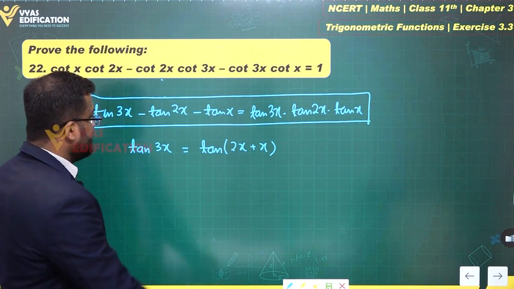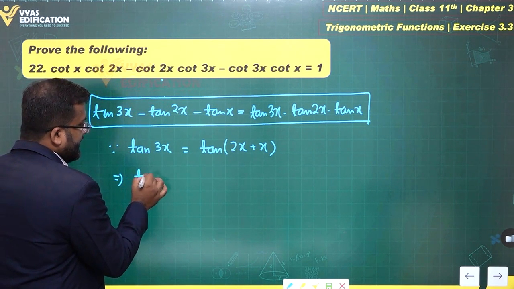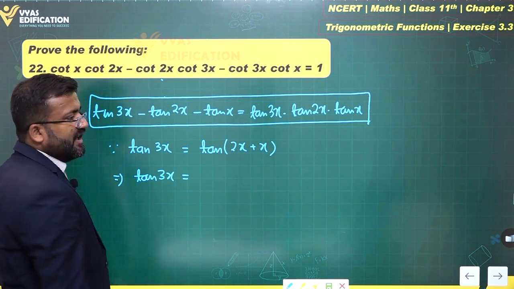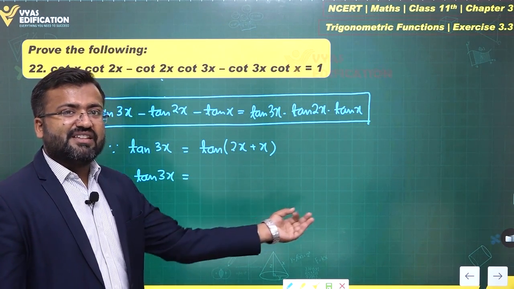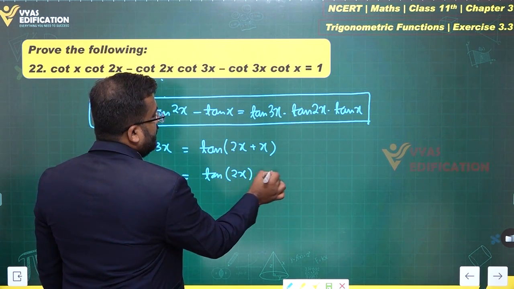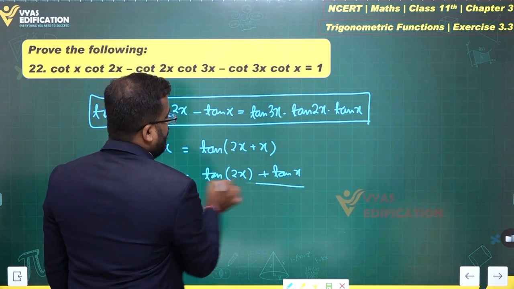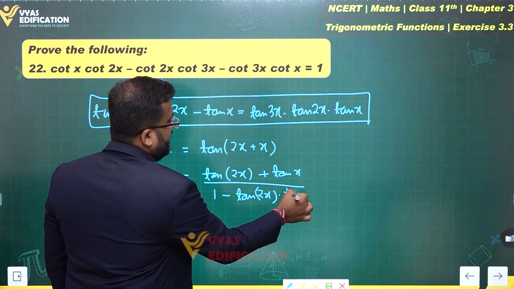Yes, that is very much possible. So, since tan 3x is equal to this, it implies tan 3x will be further equal to tan of a plus b. The formula says tan a plus tan b over 1 minus tan a tan b.